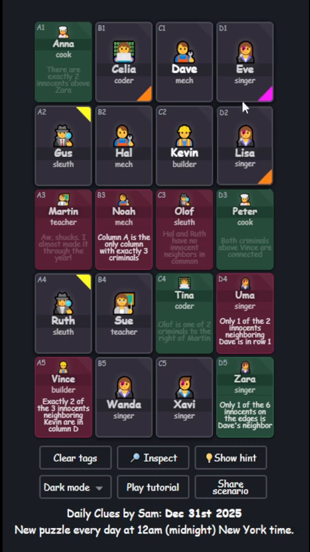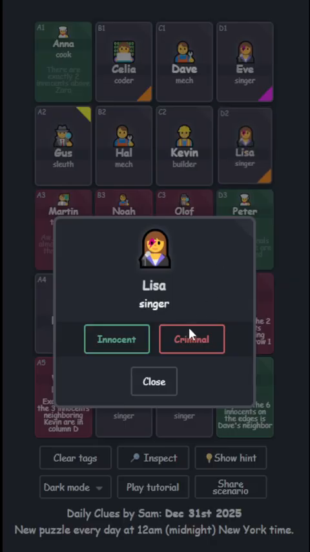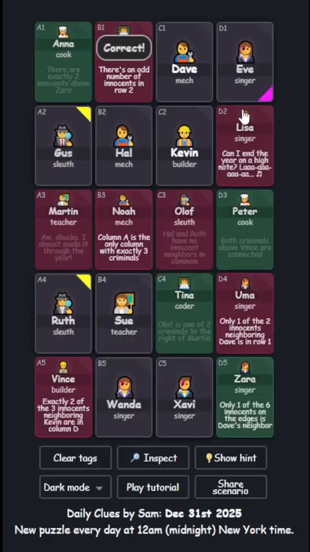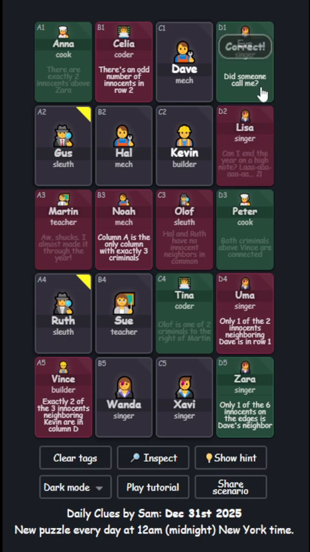Do we know anything about... I think we'll start off just with this. Only one of the 6 innocents on the edges is Dave's neighbor. Okay, that feels like a big clue. So we can't have both of these being innocent, because that would mean there's 2 who are Dave's neighbor, which means these 2 have to be criminals, and this one has to be innocent.